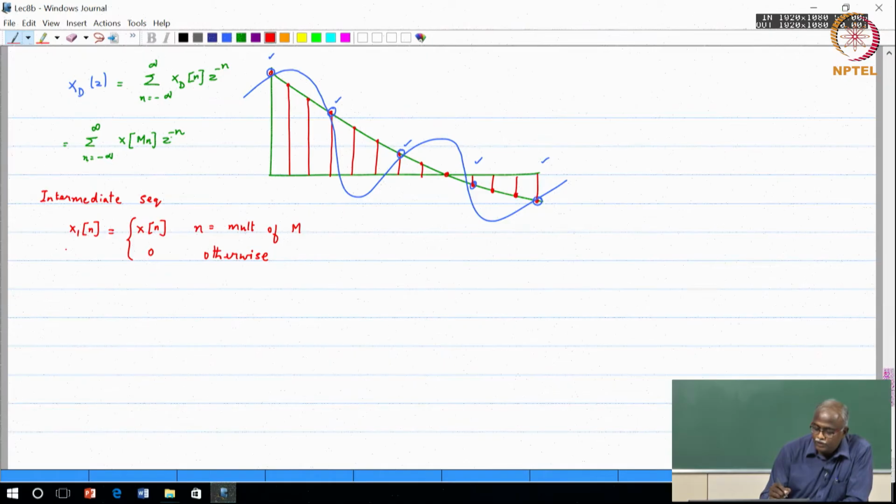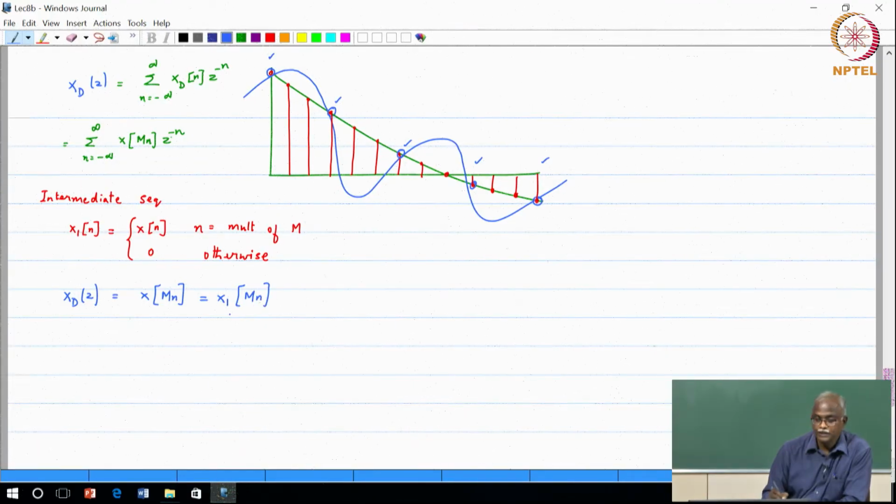Now, I would like to go back and look at Xd(z). So, Xd(z) is equal to x[Mn], that is equal to x1[Mn], correct. Now, you may see that it looks like it's even less useful. So Xd(z) is equal to the summation n equal to minus infinity to infinity of x1[Mn] z^(-n).